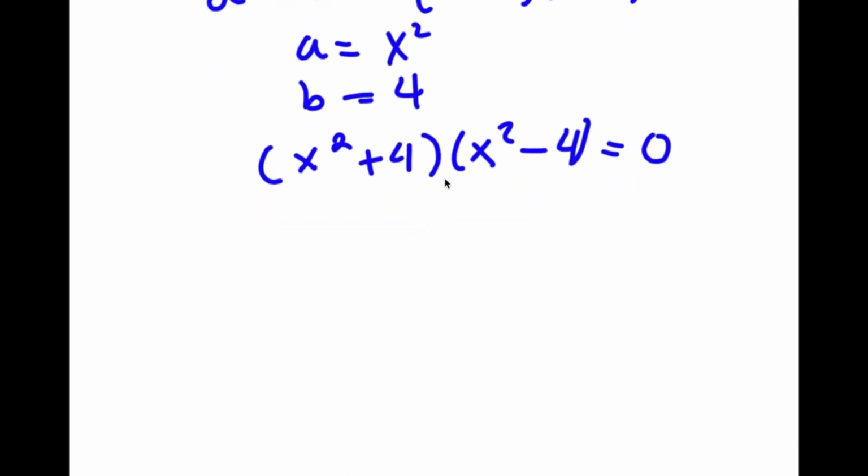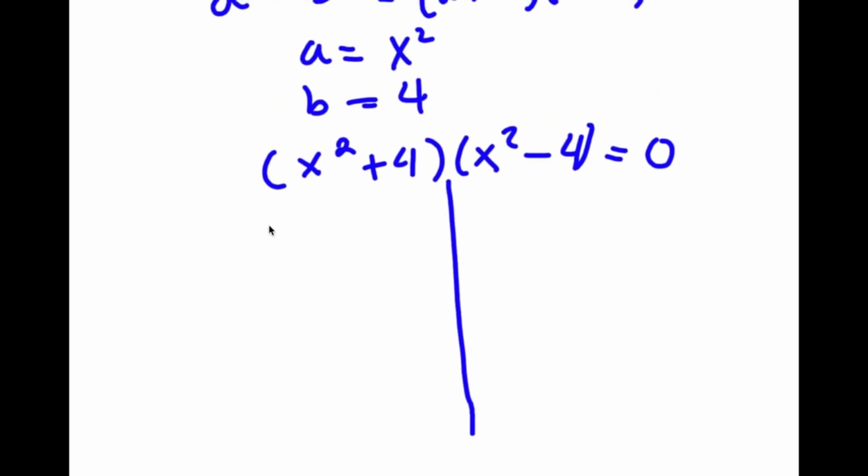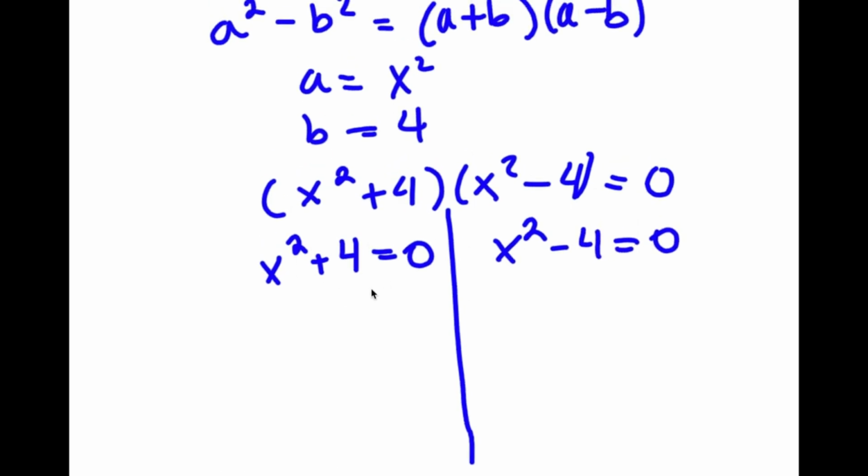Now this is going to give me two equations. I have x squared plus 4 is equal to 0, and I have x squared minus 4 is equal to 0.